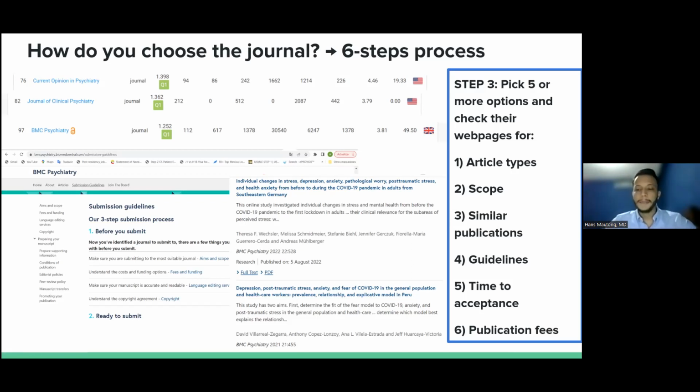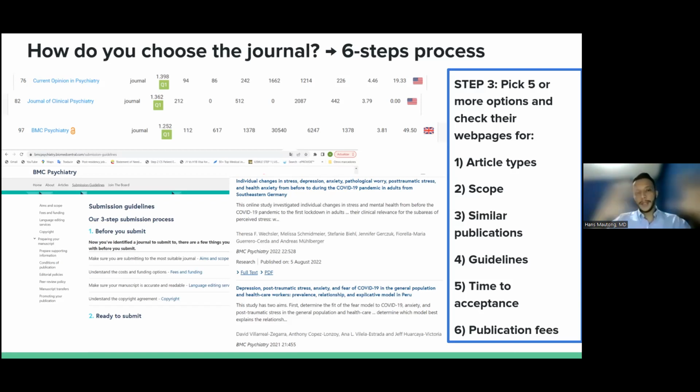Then the publication fees: if you want to publish in the open access modality, which charges somewhat high publication fees, or you want to publish as a subscription, which basically translates to no publication fees. But it's really up to you, your institution, and how much support you have.